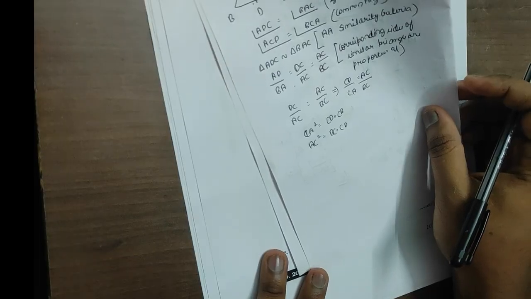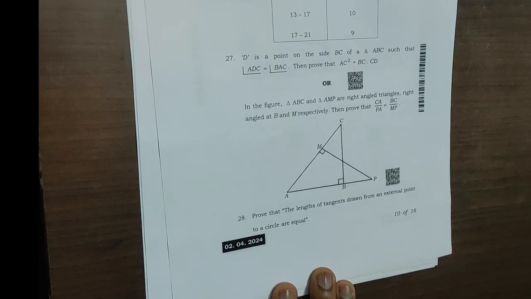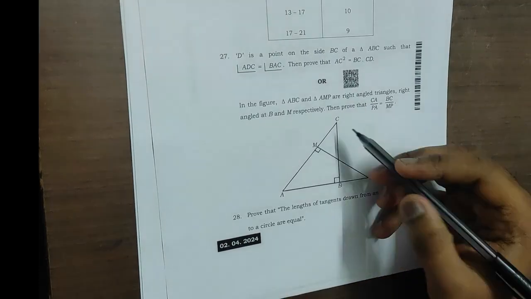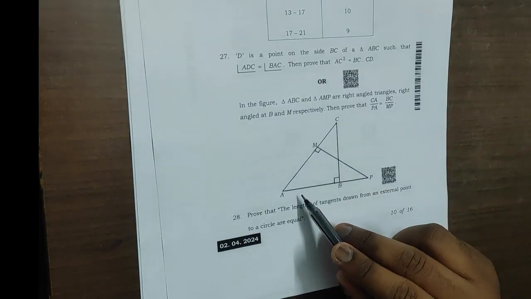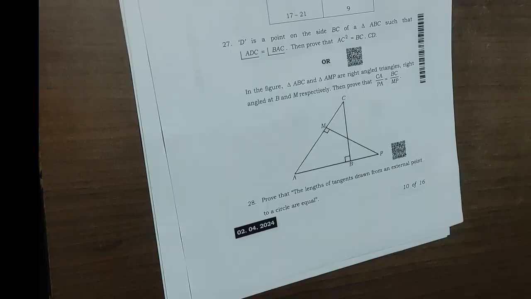Now let us move into the 27th question, B part. In the figure, triangle ABC and triangle AMP are right angled triangles, right angled at B and M respectively. Then they asked us to prove CA by PA is equal to BC by MP.